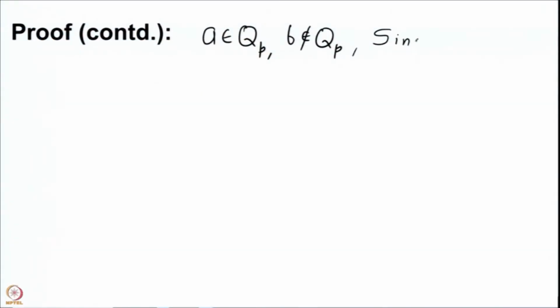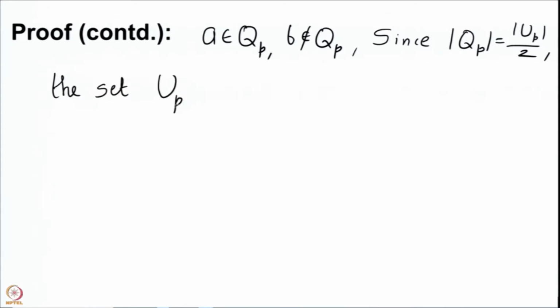But since QP has cardinality exactly half of that of UP, the elements which are outside QP will form a single coset. So, since the cardinality of QP is the cardinality of UP upon 2, the set UP minus QP is a single coset.